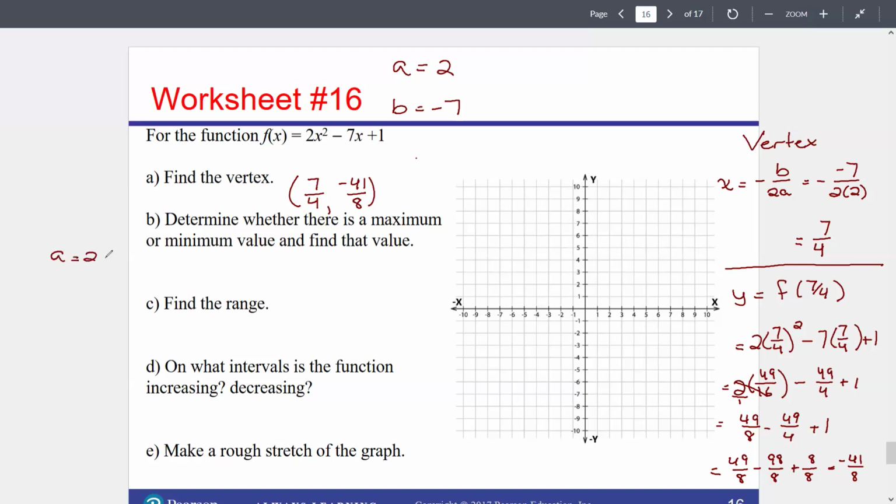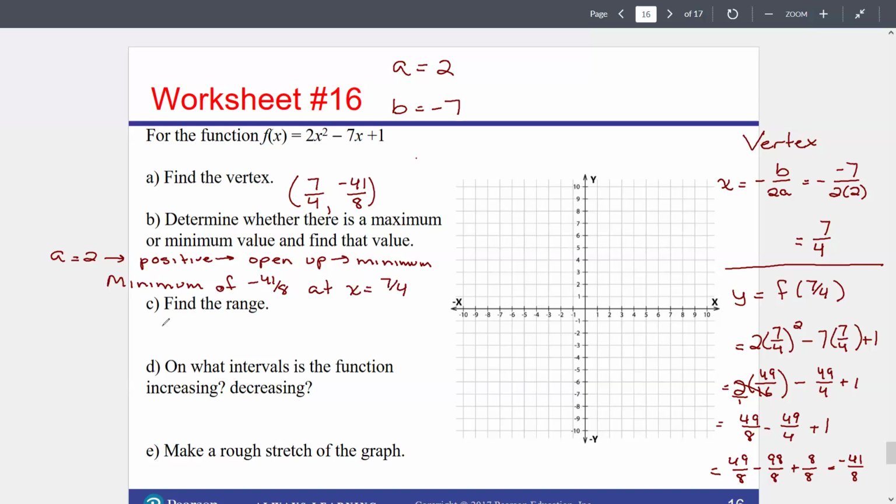Once again, a is 2, it's positive, which means we open up, which means we're going to have a minimum of -41/8 at the point x equals 7/4.